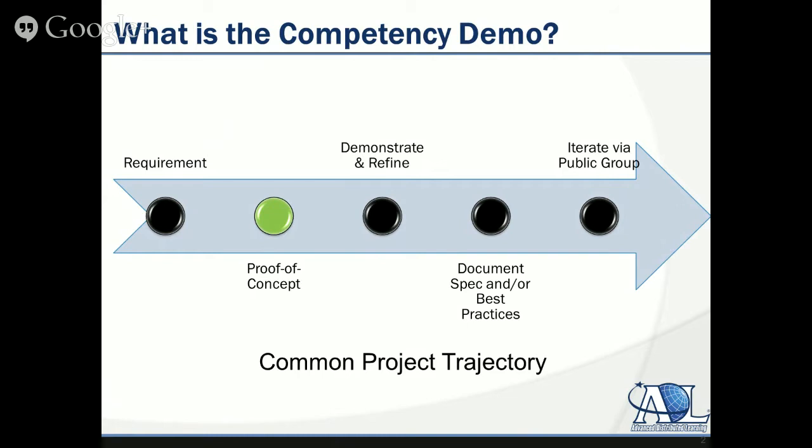As we learn how they work together, we'll start to document that. That may look like a spec, best practices, software, or a combination of all of the above. Then ultimately, sooner rather than later, this goes to the public. It's out there on our GitHub open source platform, and people can take it and beat it up and come back with comments.